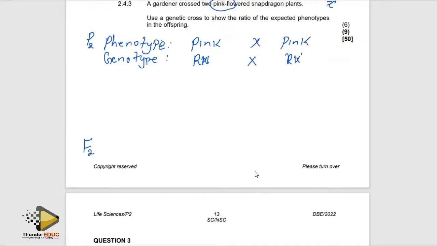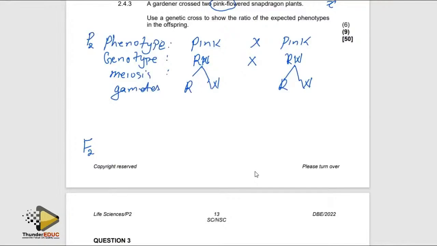Now, these must separate under meiosis. So you write the word meiosis. So meiosis, you form the gametes, capital R, capital W. Here, capital R, capital W. So we call these ones gametes. Don't leave these gametes naked.